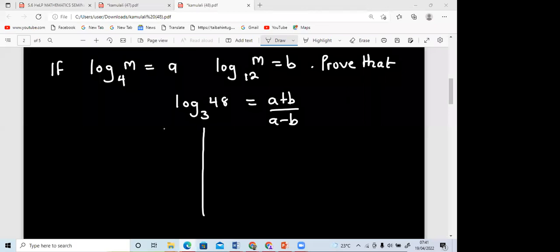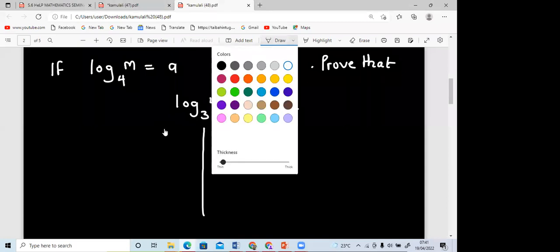Okay. So what I did, I used the right-hand side. They told us a is equal to log 4m. So I substituted log 4m where a is in both cases. And the other side also where b is, I substituted log 12m.